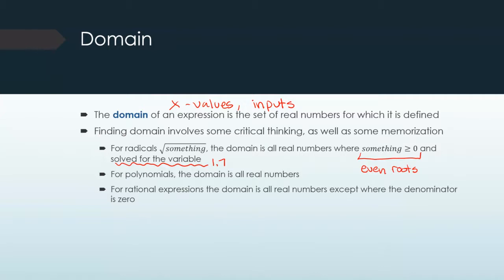And that's because you can't divide by 0. If you divide by 0, you get undefined. And so any value for x that makes the denominator 0 gives us undefined, and so we can't plug that number in. And so those are excluded from the domain. And that's the part that we really have to talk about domain because of rational expressions, because we have to take that into account.